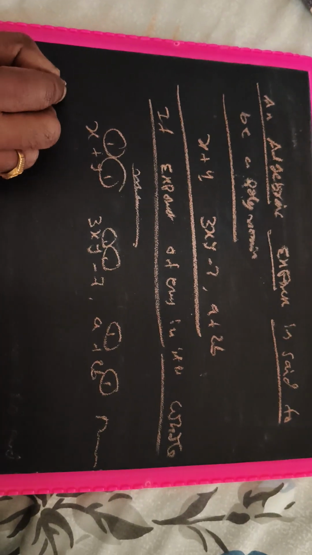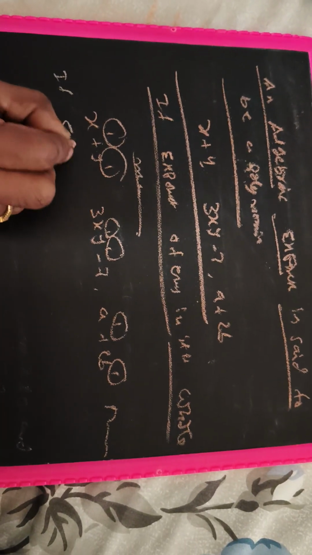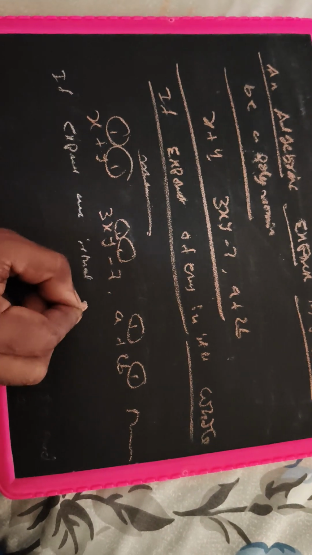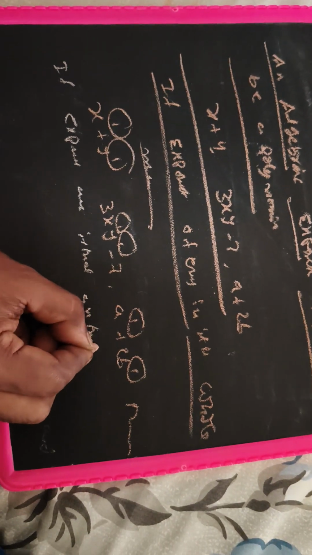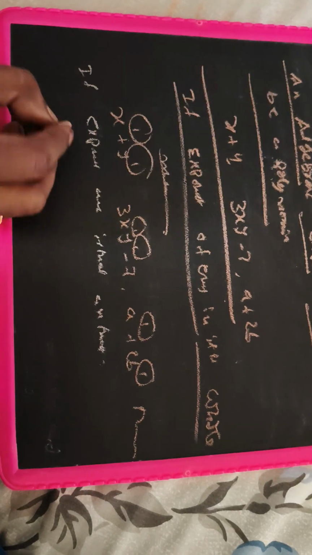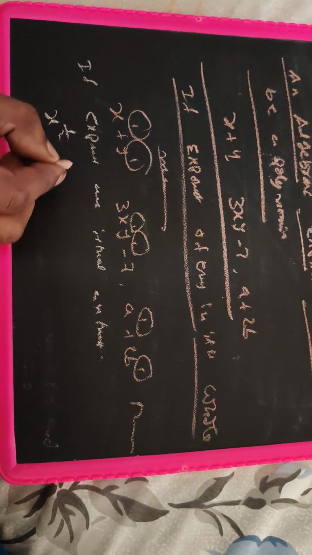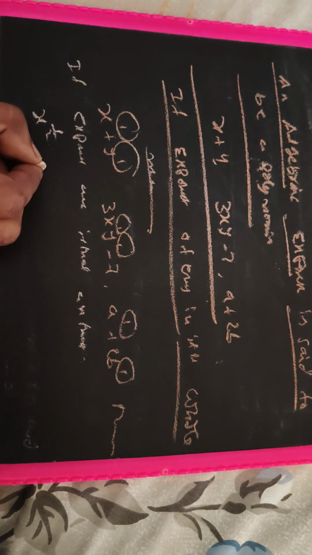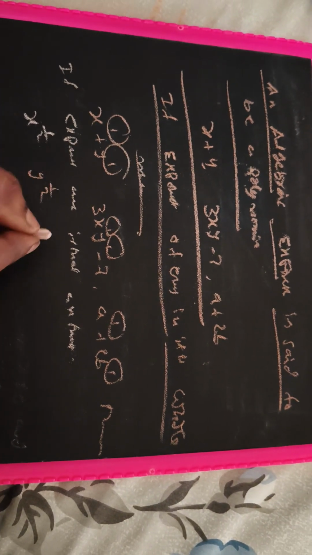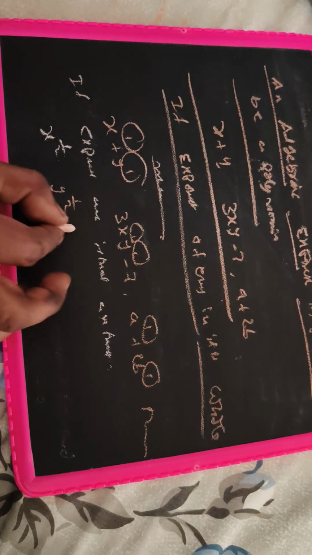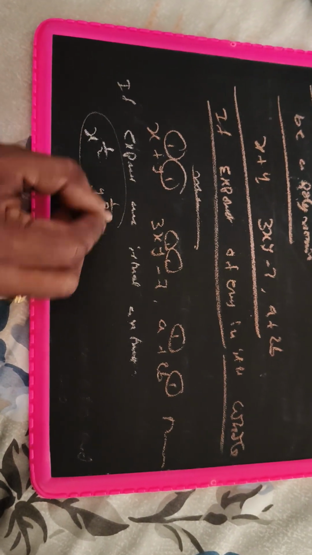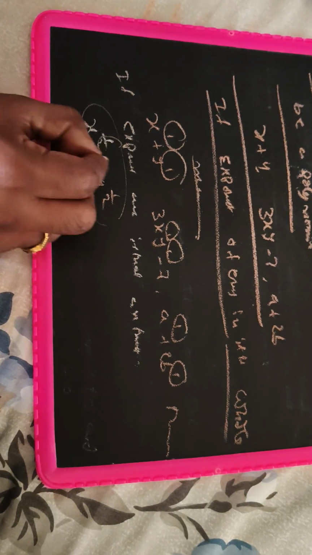Also one more condition: if the exponent of any term is a fraction, like x to the power of 1 by 2, y to the power of 1 by 2, it is not called a polynomial, because the exponent is a fraction.